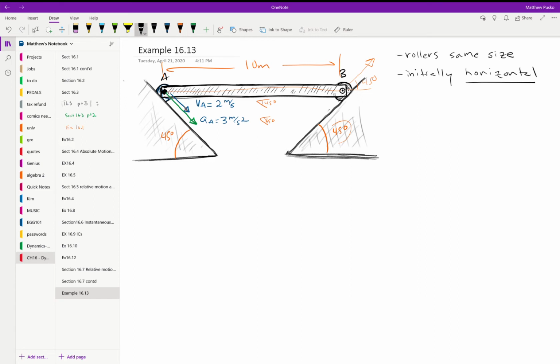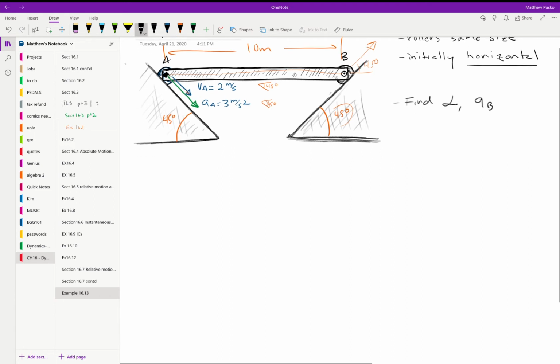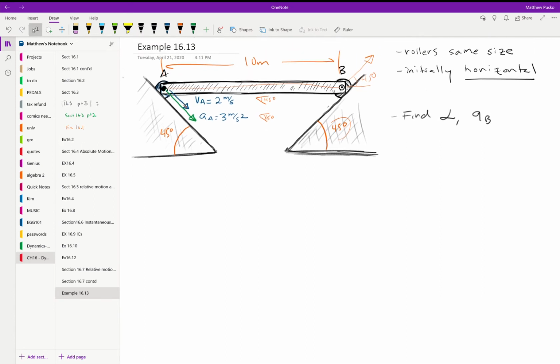They are asking to determine the angular acceleration, so alpha, and the acceleration of B itself. The first thing that you should do, I'm going to skip just because we've done it many times, or I have in the past few videos.